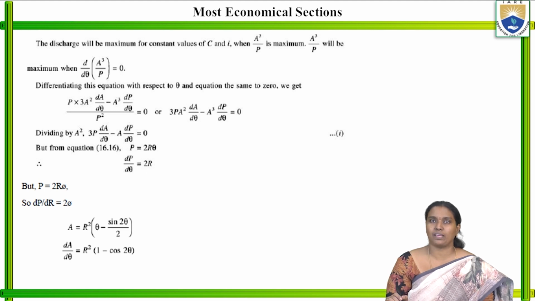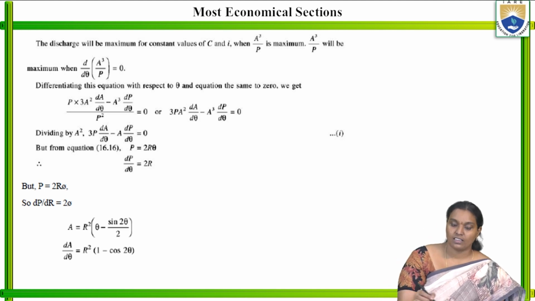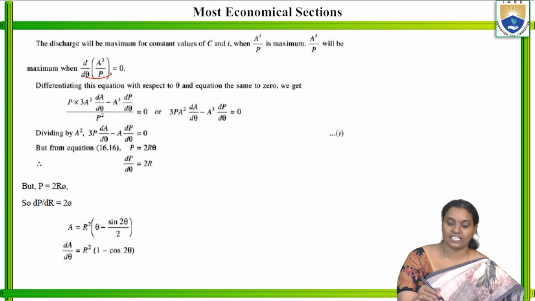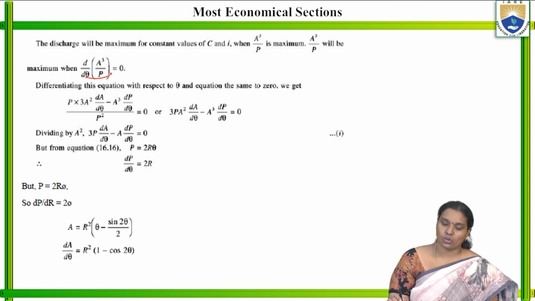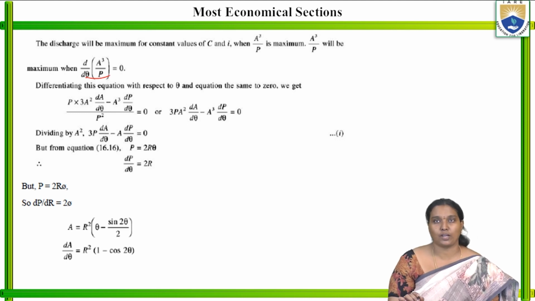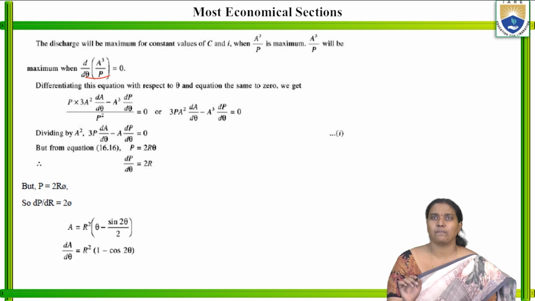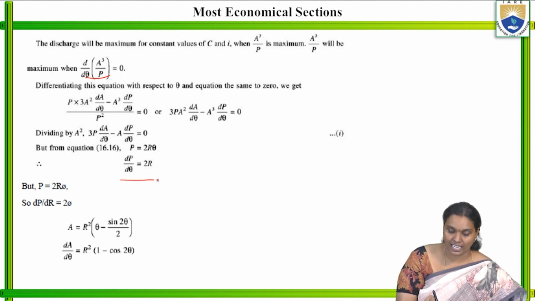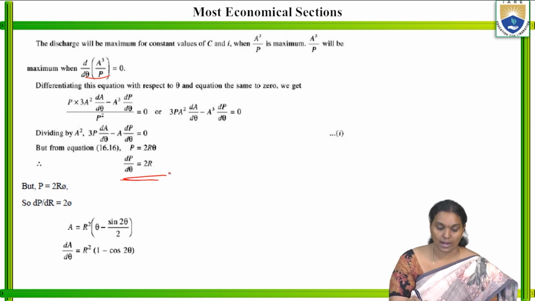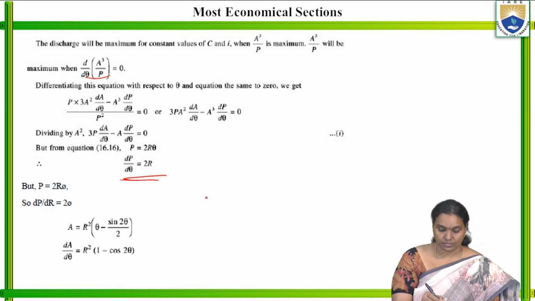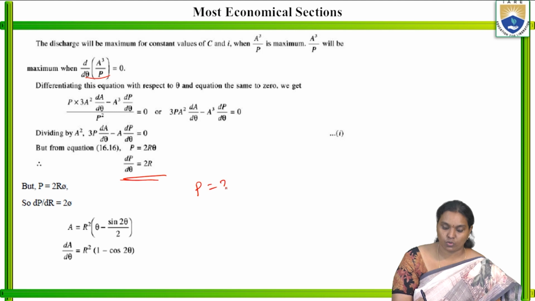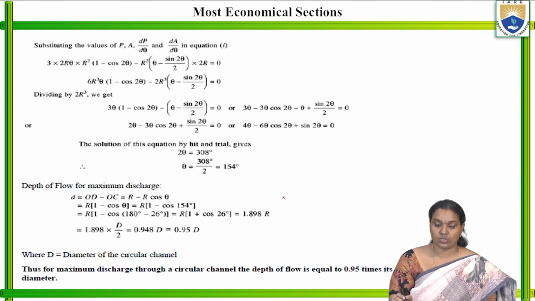A to the power of 3 by P will be maximum when, differentiating with respect to theta and equating to 0, we finally get dP by dθ equal to 2R, but P is equal to 2Rθ, so dP by dR is equal to 2θ, and substitute.